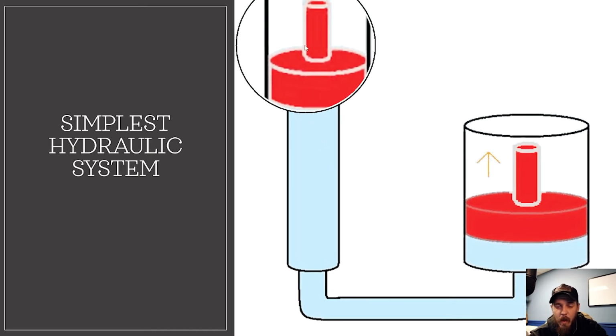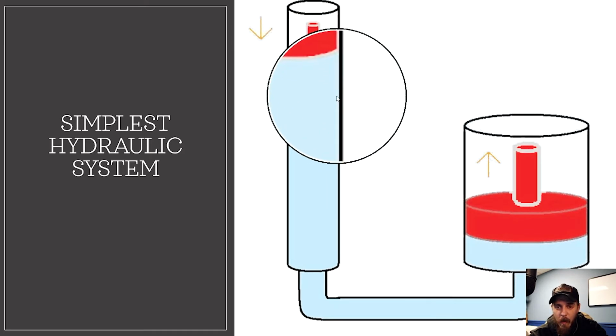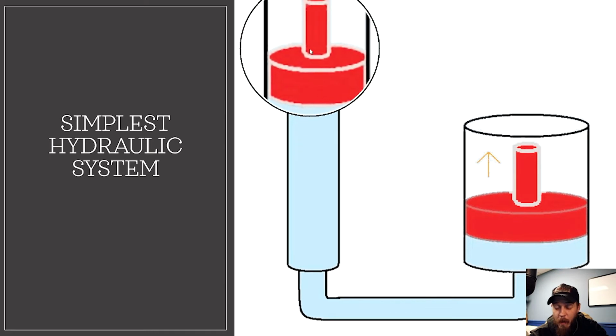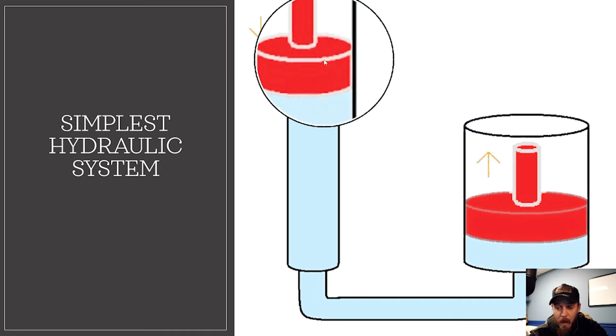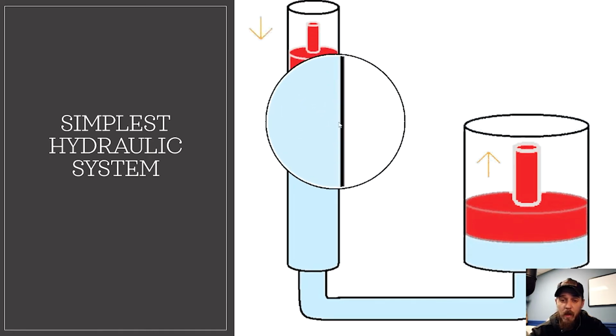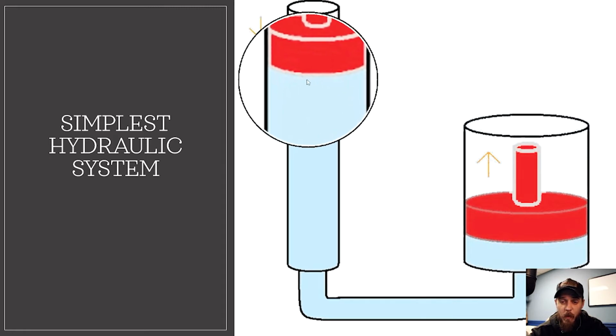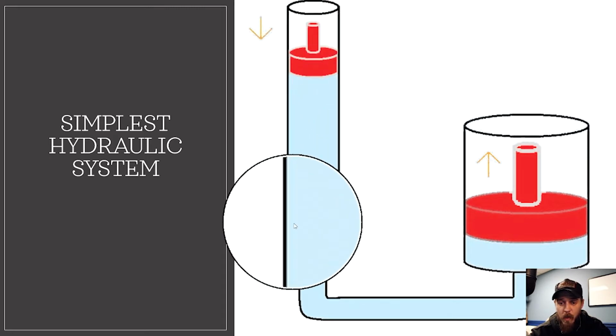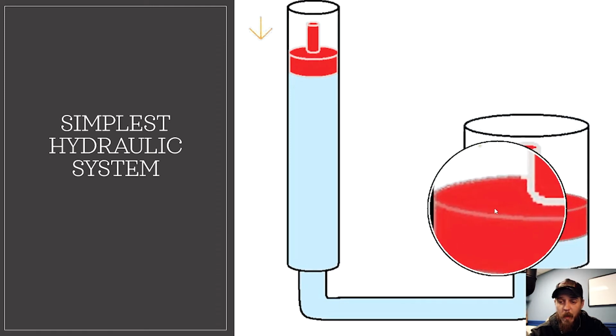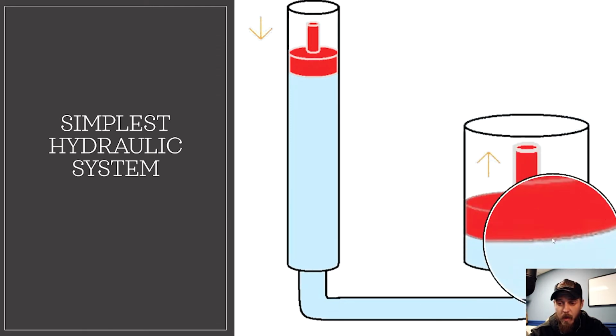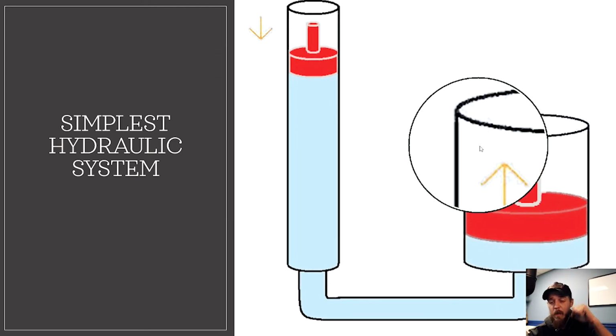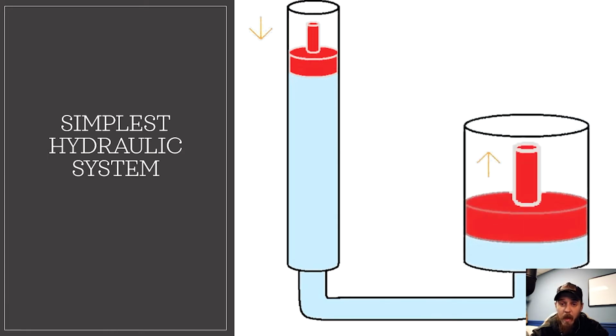What we're really doing is taking a very small area and attempting to compress that fluid. The fluid does not compress, so it takes the force we're generating here and pushes it through the system up onto a larger diameter piston, which then magnifies the force and gives us our lifting.